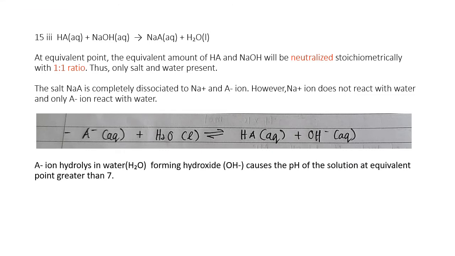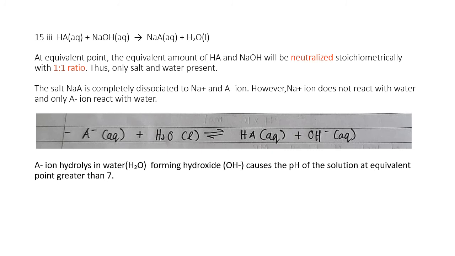For question 3, the answer requires you to explain qualitatively the pH of the solution at equivalent point. So at equivalent point, the equivalent amount of HA and NaOH will be neutralized stoichiometrically with 1:1 ratio.